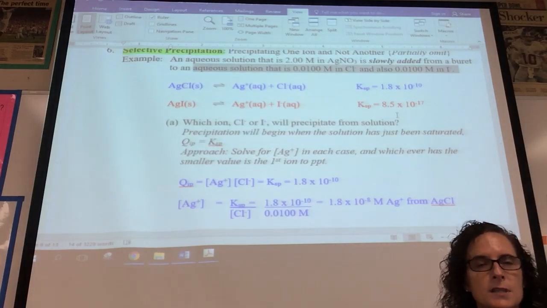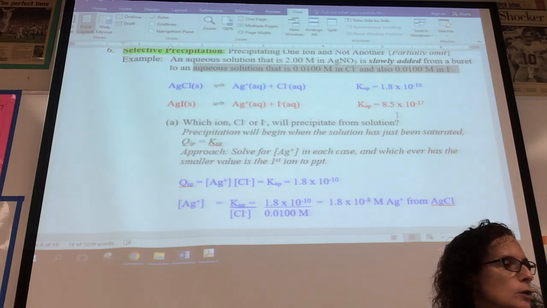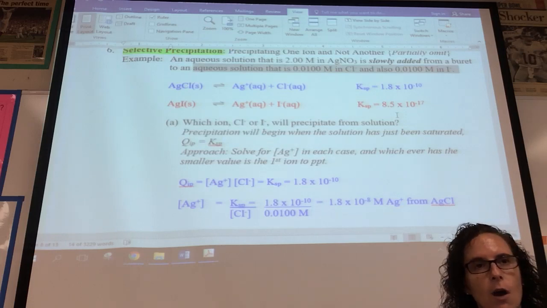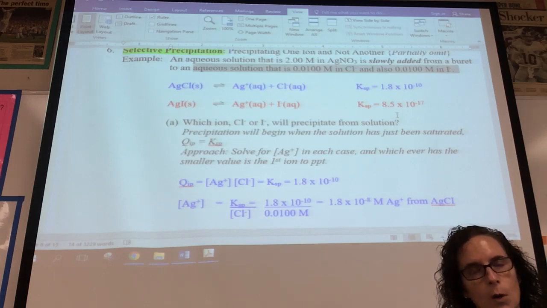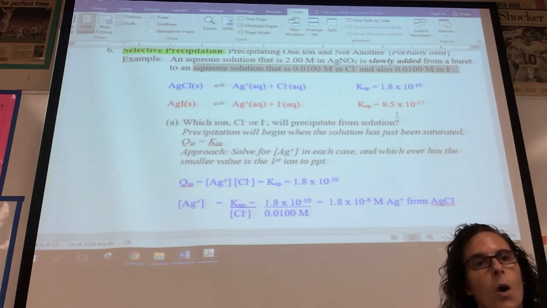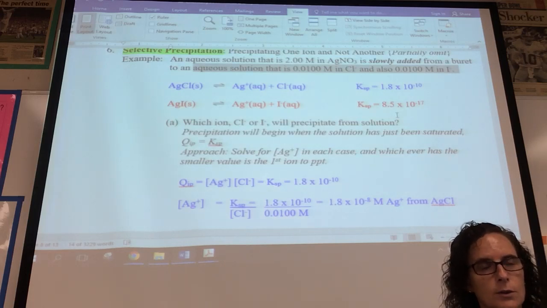Now, even if you didn't know that silver chloride and silver iodide are insoluble or barely soluble substances, how would you know from the silver nitrate what ion you were going after? Nitrate. Any compound containing nitrate ion is water soluble, so you're not considering the nitrate ion.